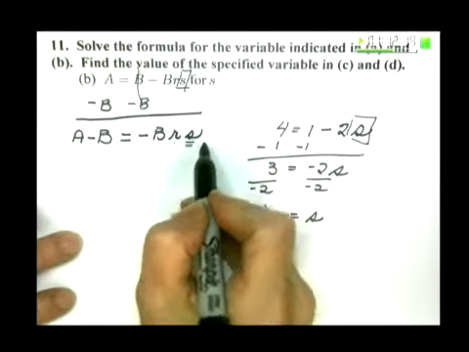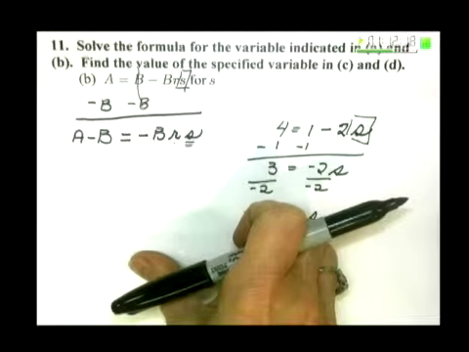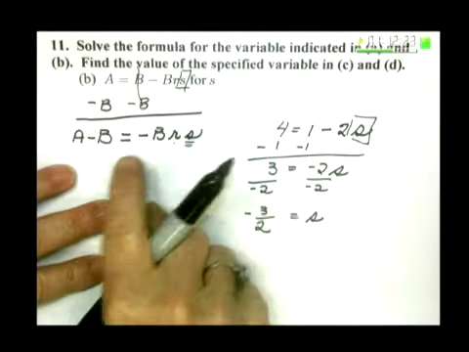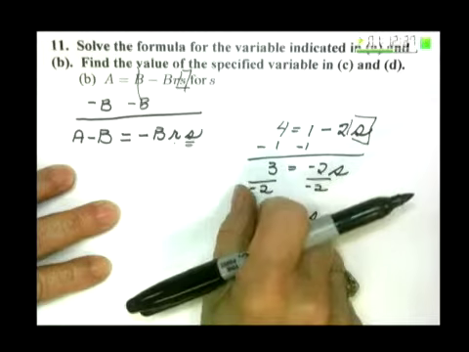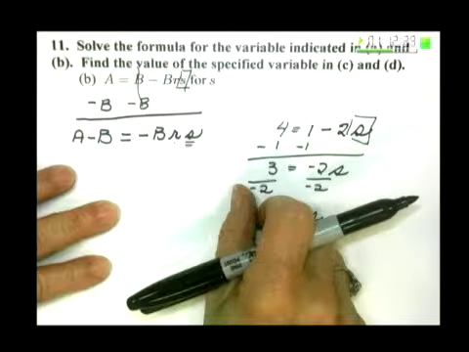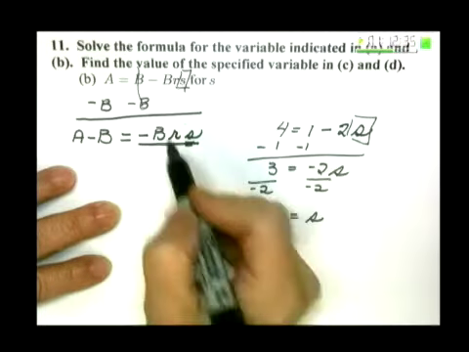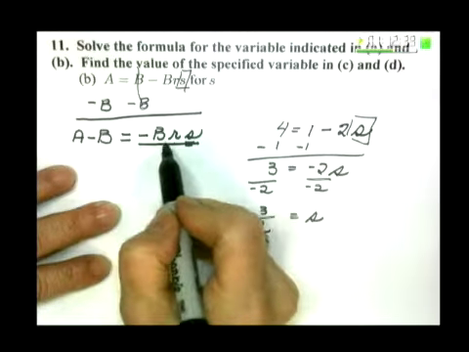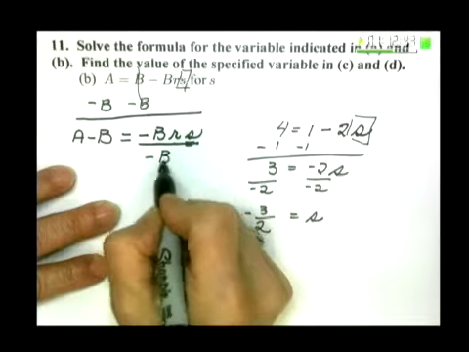When I have a negative brs, when there is no symbol in between variables, which are your letters, that means I'm multiplying. So this says I'm multiplying a negative b times an r times an s. The opposite of multiplying, the inverse operation, is dividing. So I'm going to divide both sides of my equation by what I want to eliminate, which in this case is a negative b and an r, and that will leave me with an s.